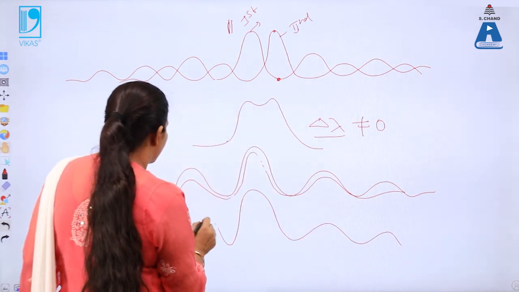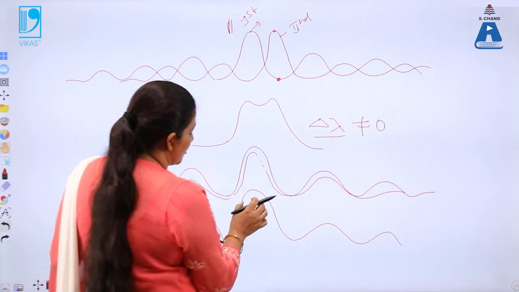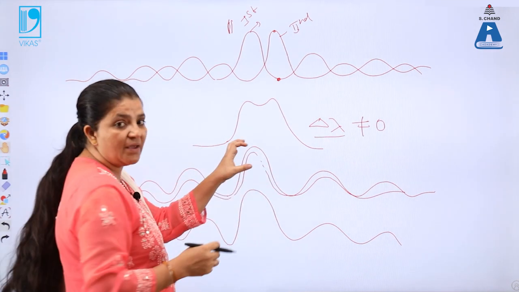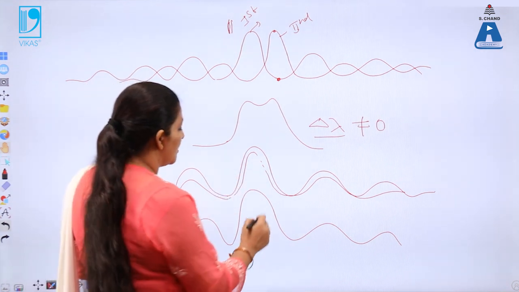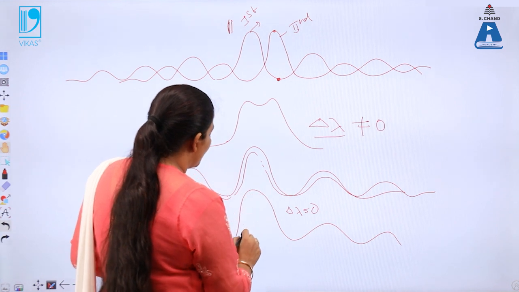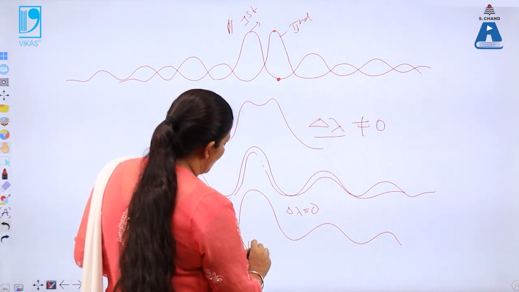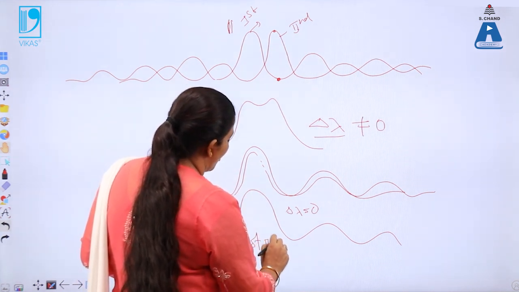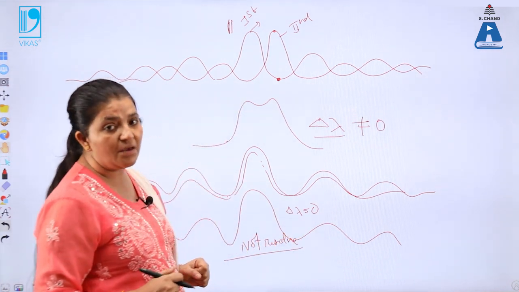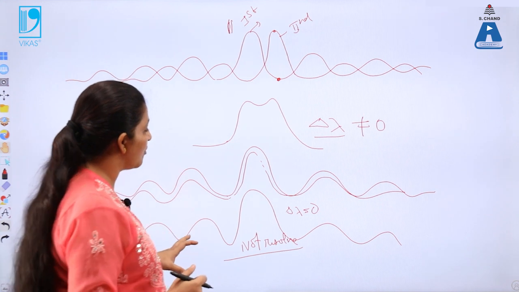Here the delta lambda is equal to 0. Now in this case, this central maxima will be broadened because these two will be added up. So here delta lambda is equal to 0, but we are not able to resolve these two objects as separate objects. So these objects cannot be resolved over here.